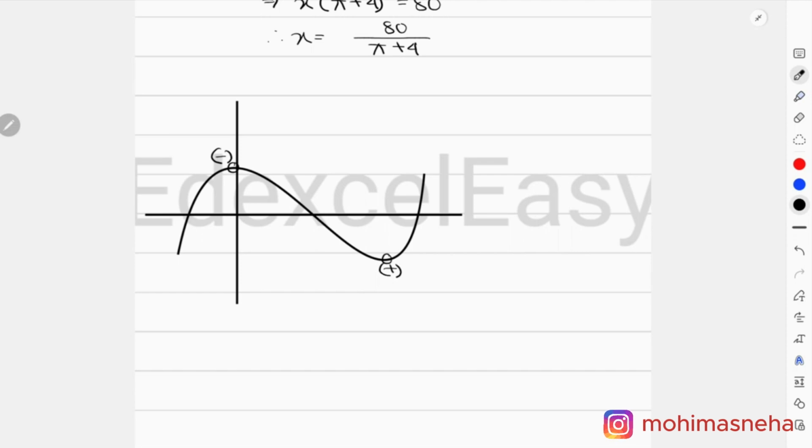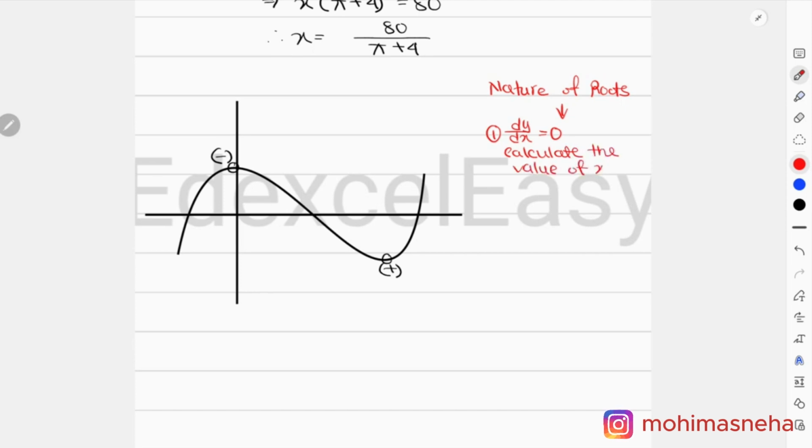So I think I should write a flow chart over here. In order to find out the nature of roots, the first thing you do is set dy by dx equal to 0 and calculate the value of x.